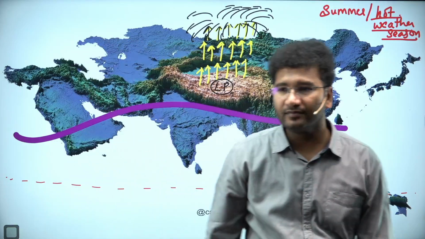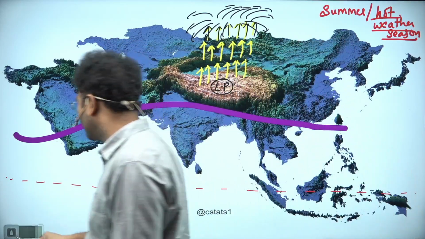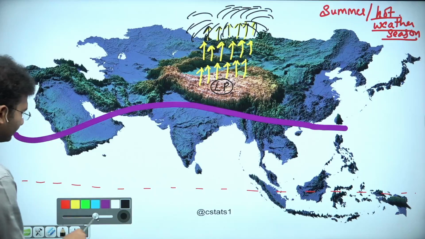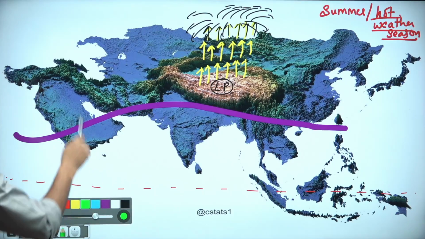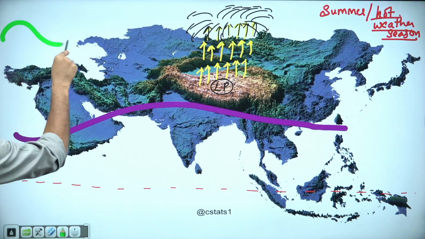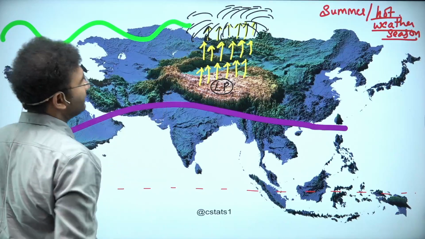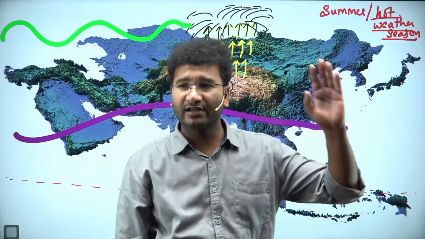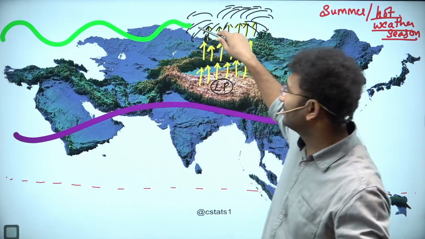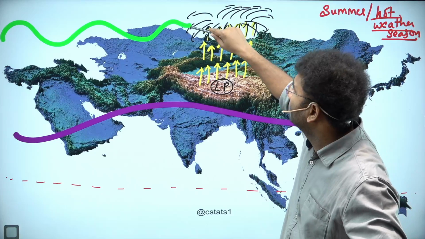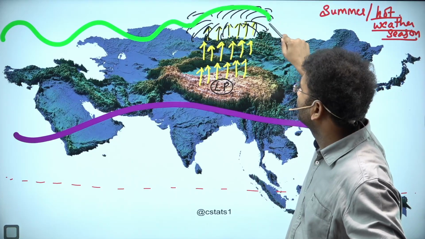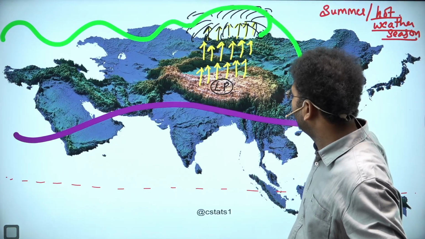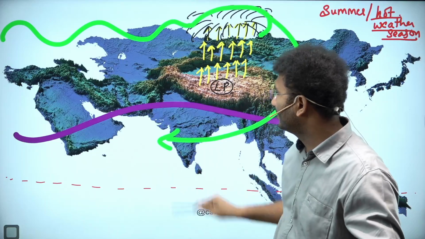Now at what height is your jet stream present? It is present at a greater height. Let's say this is your jet stream. This jet stream, which is at a height of 10 odd kilometers, comes in contact with these winds, and then the jet stream itself will take a turn and come to India.